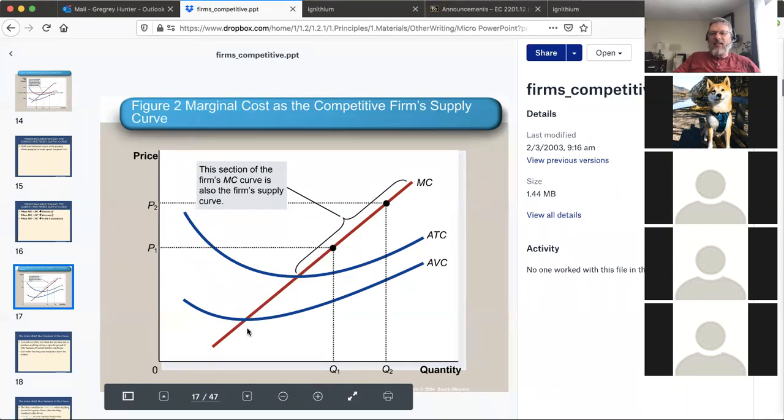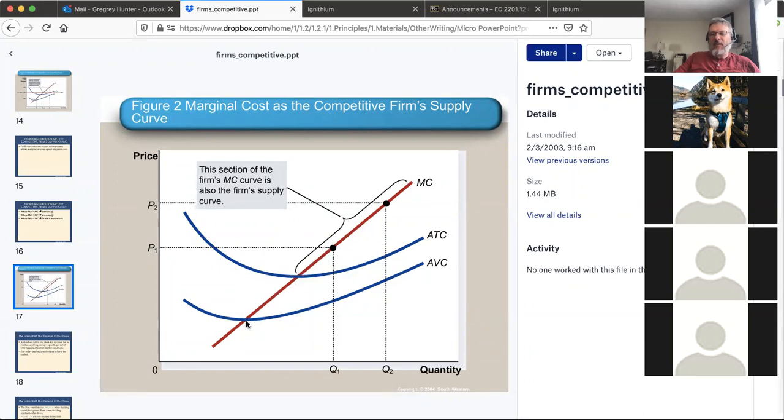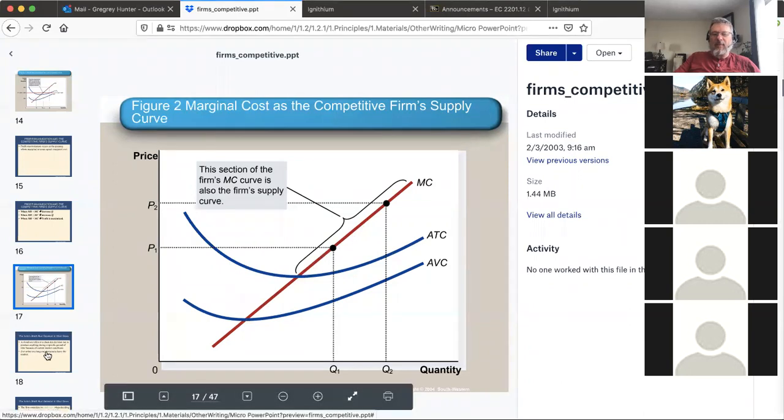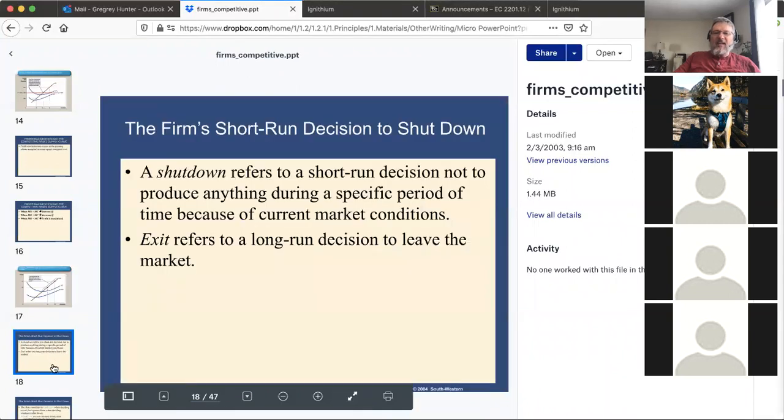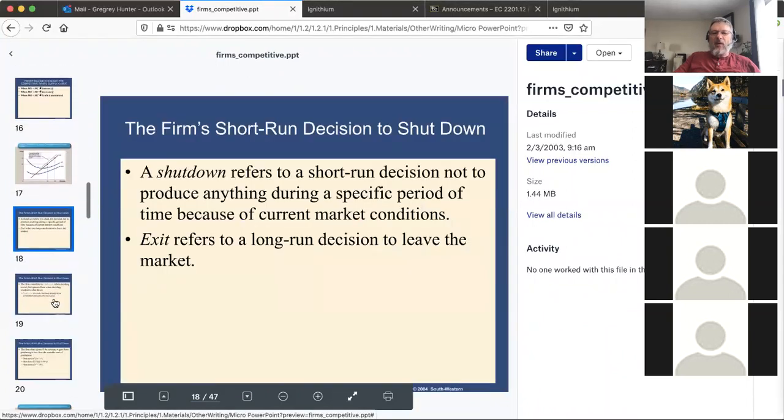But that segment above the minimum of the average variable cost curve, that's the supply curve of the competitive firm. And then we talked a little bit about this shutdown rule.